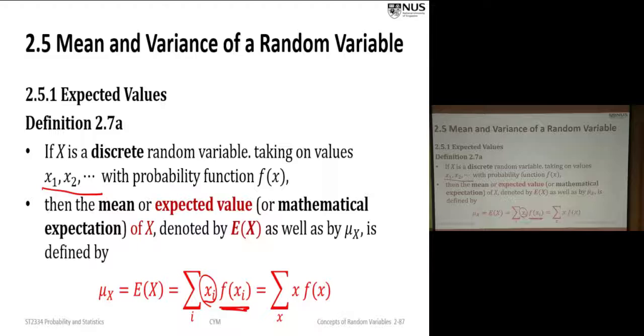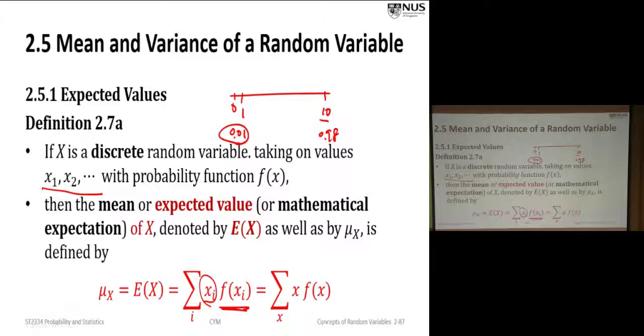So let's say I have 0, 1, and then 10. Only 3 values. The probability of getting 0 and 1 is 0.01 for each of these. So 0.01, 0.01 for these, then 0.98 for 10.